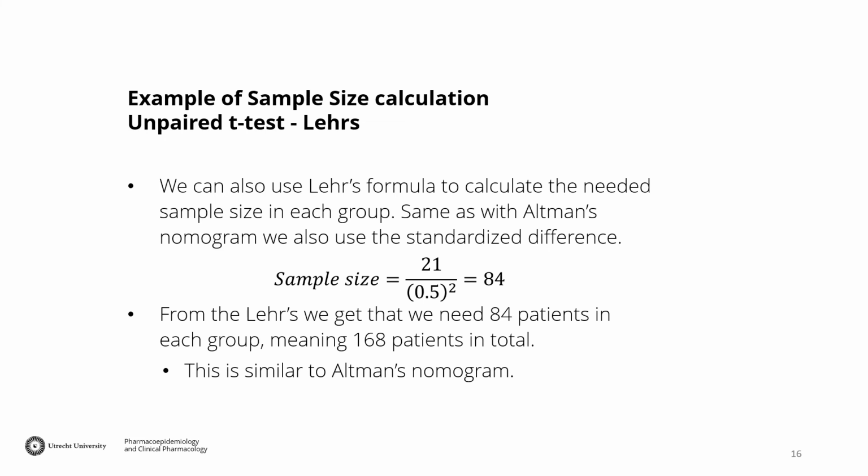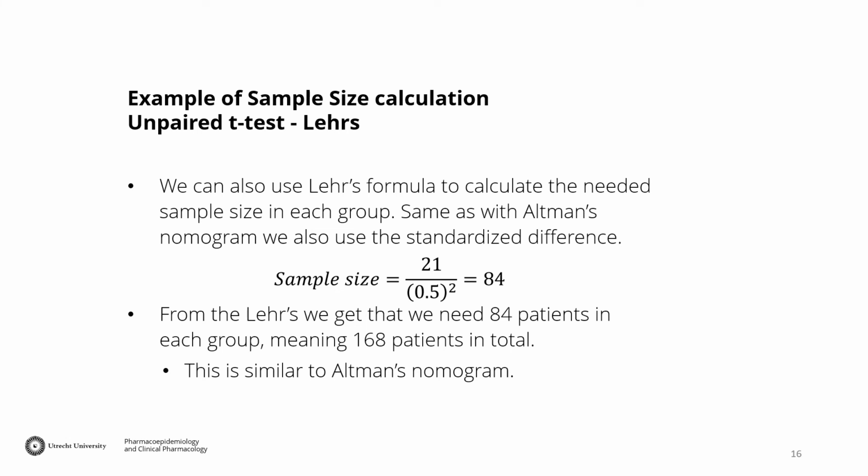And we can also use the Lehr's formula to calculate the needed sample size in each group. So same with Altman's nomogram, we also have to use the standardized difference. So here we said that we wanted a 90% power, so that means that we needed to use the 21 instead of the 18.